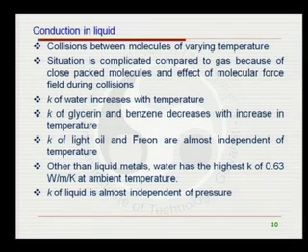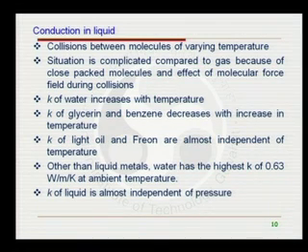And among the liquids other than the liquid metals, because liquid metals, as you know, mercury is a liquid metal and it has got a very high thermal conductivity, water has been found to have the highest K values, which is around 0.63 watt per meter per Kelvin at ambient temperature, something around 25-30 degrees centigrade.